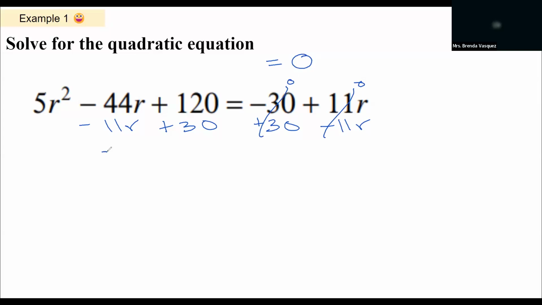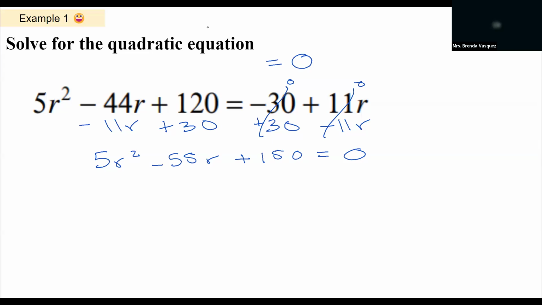Okay, all right. 5r squared, -44r minus 11r, -55r, 120 plus 30, 150 equals 0.